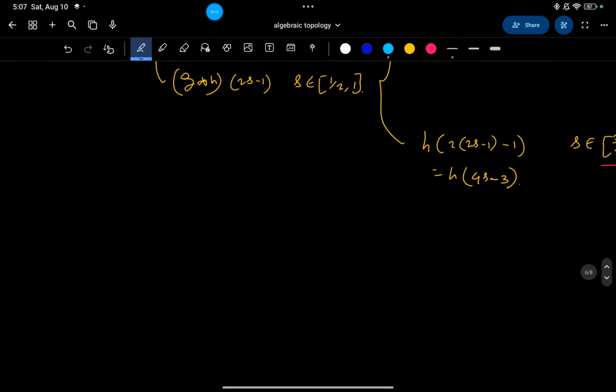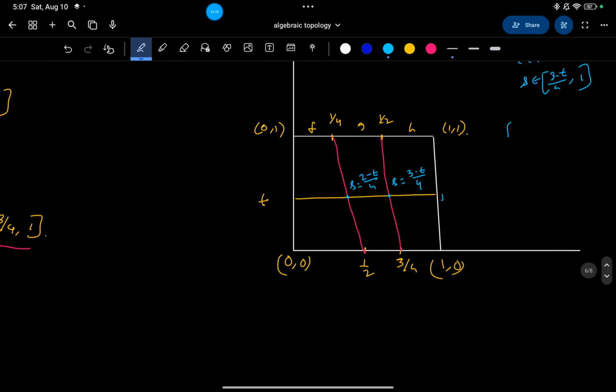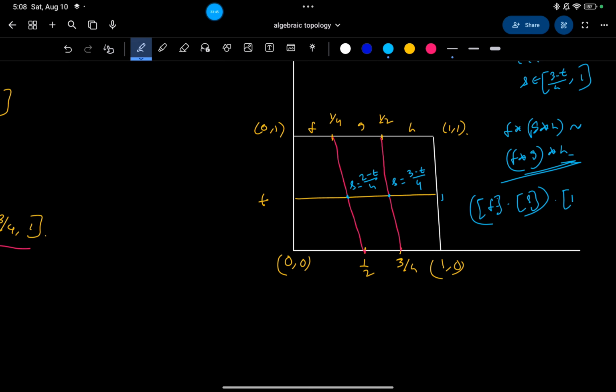So F star G star H is homotopic to F star G star H. So this homotopy map actually works. All right, so F dot G dot H is nothing but F dot G dot H. Okay, so associativity is satisfied.